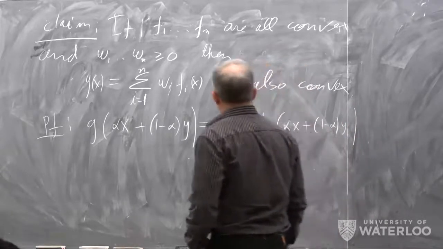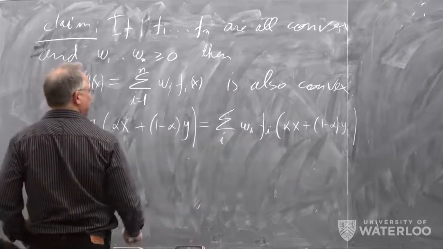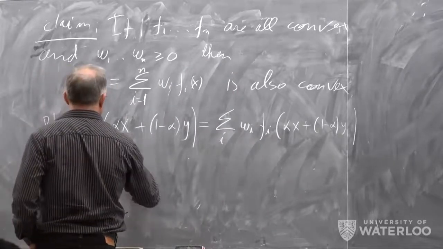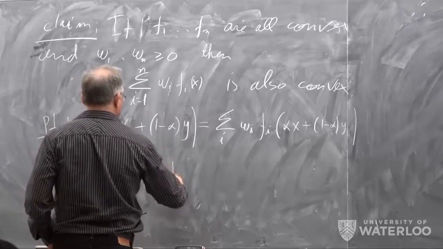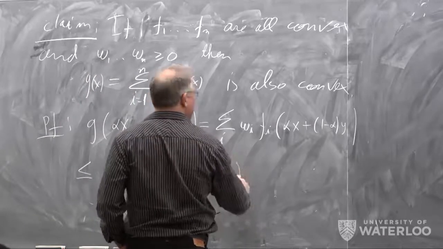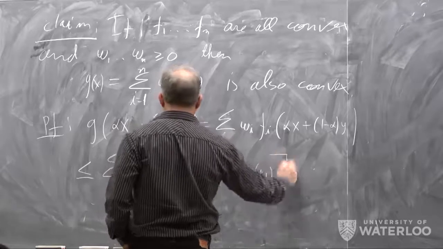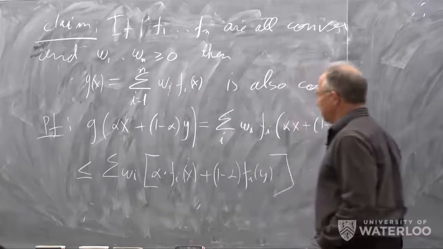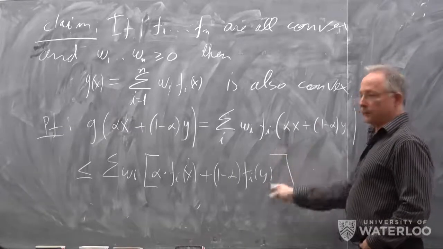And this is less or equal to sigma wi, alpha fi of x plus 1 minus alpha fi of y, because for each function we have this convexity.